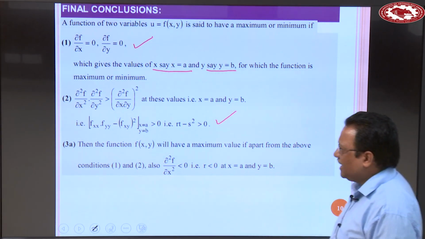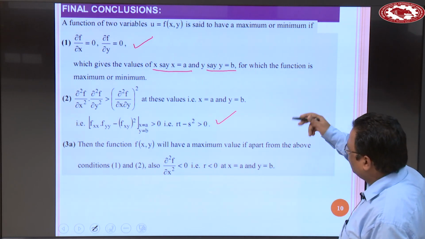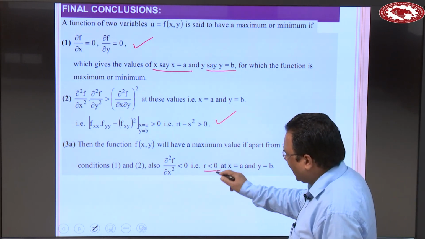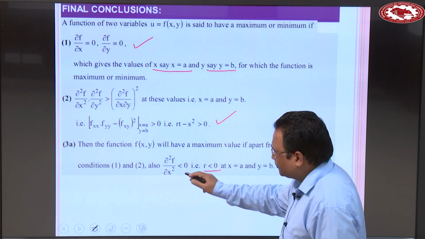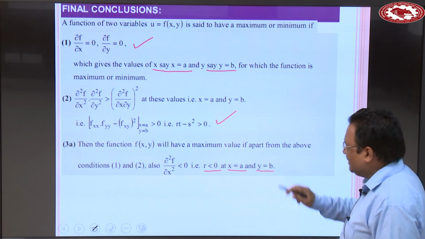Then the function f(x,y) will have a maximum value if, apart from the above conditions 1 and 2, r is less than 0. R means ∂²f/∂x² is less than 0 at x equal to a, y equal to b.